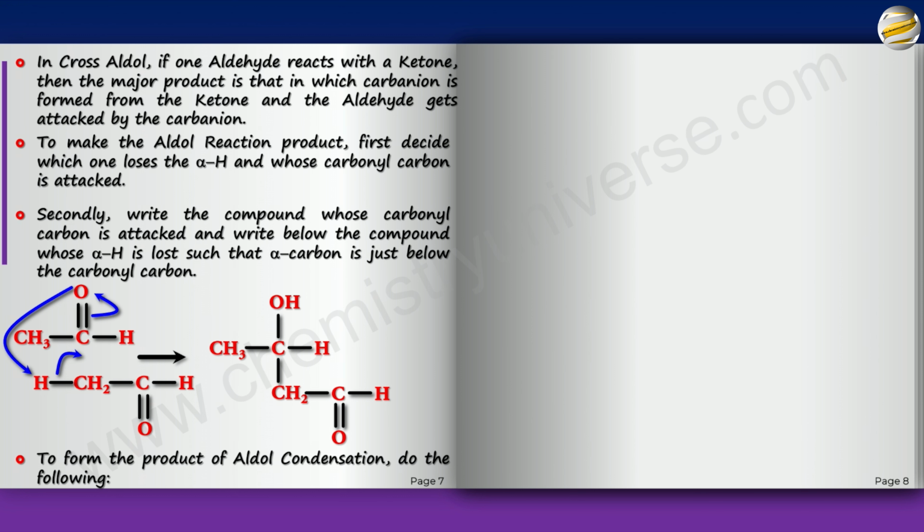Write the O of the aldehyde or ketone whose carbonyl carbon will be attacked on the right side. So I'll write C double bond O, I'll write H, and I'll write CH3. This is the carbonyl carbon that will be attacked. Now write the alpha carbon along with its two hydrogens.